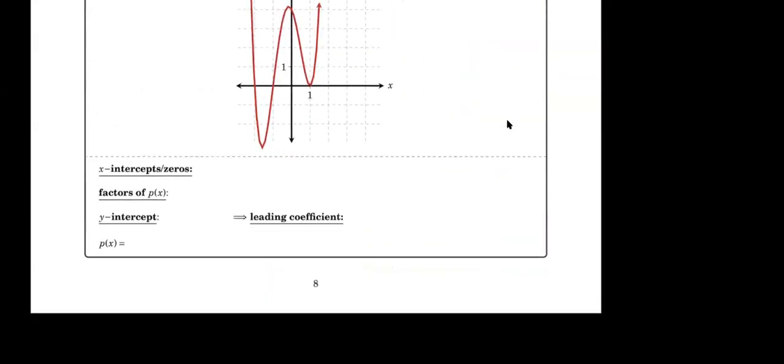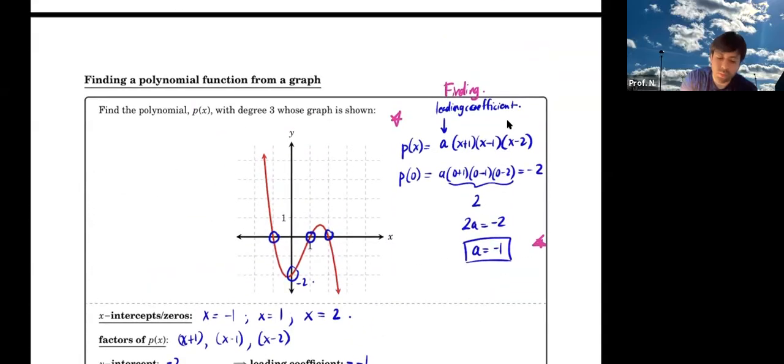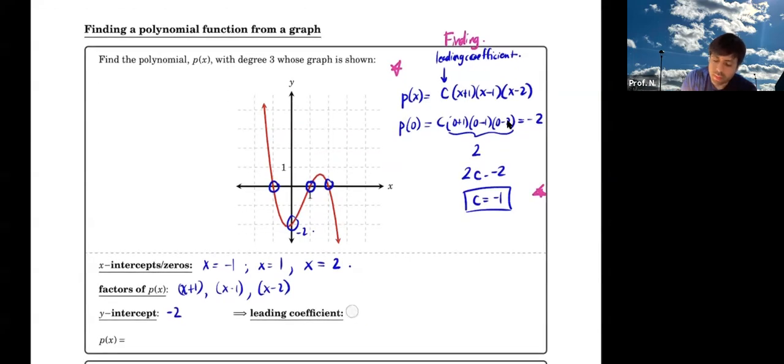And this here is the coefficient. So you know what I'm going to do? I'm just going to write this as c, so there's no confusion. This is a c value equals negative 1. And so what does p of x finally equal? It's negative 1 multiplied by x plus 1, x minus 1, x minus 2.